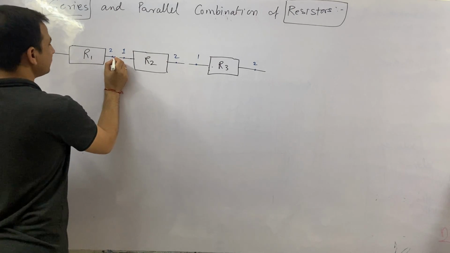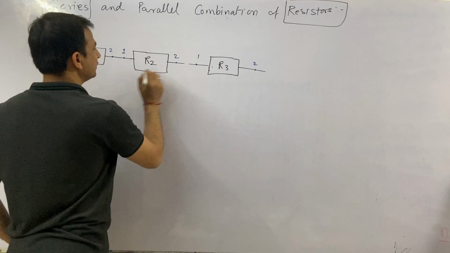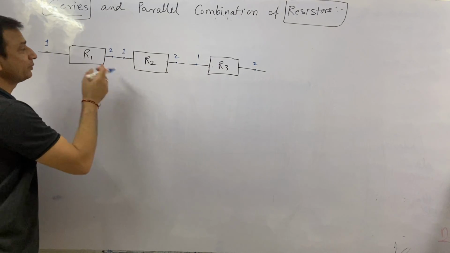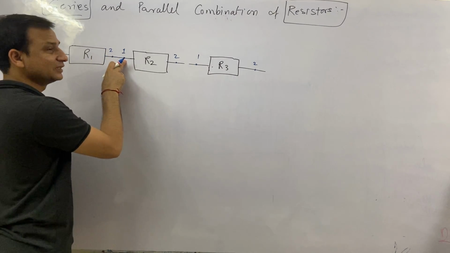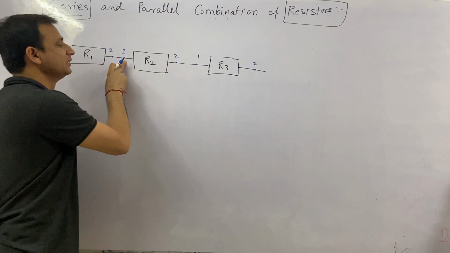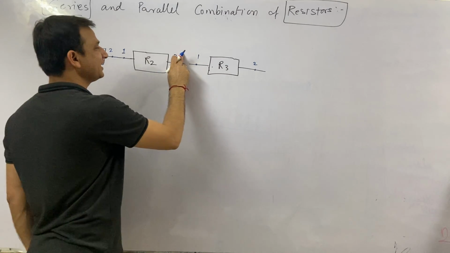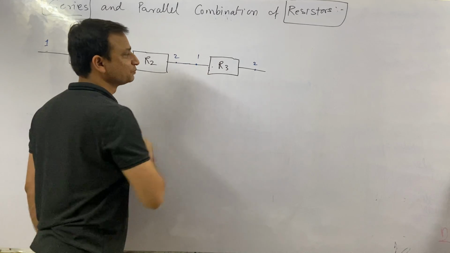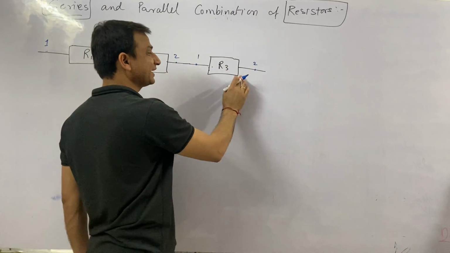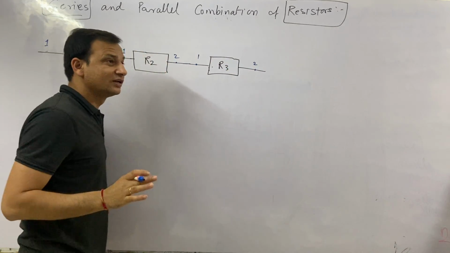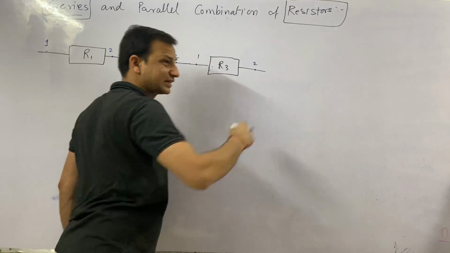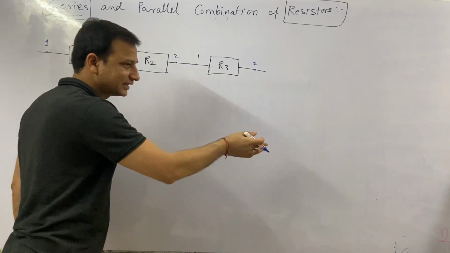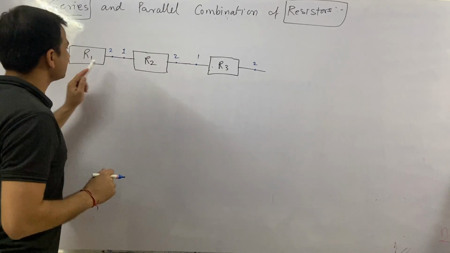If you connect them together, something like this, you can see the second arm of R1 is connected with the first arm of R2. The second arm of R2 is connected with the first arm of R3. And the second arm of R3 is free. This can go to any other resistor, or to a power supply or a meter or any other thing. That is called a series combination.